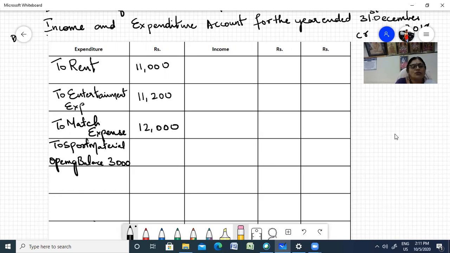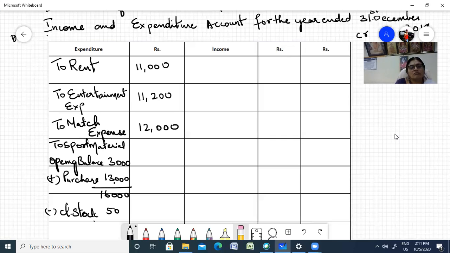Plus your purchase during the year. Purchase during the year 13,000. Right. So 16,000 is your balance minus closing stock. So closing stock was 5,000. So you have a balance of 11,000. Right. Now closing stock, this value alone will go to the balance sheet.